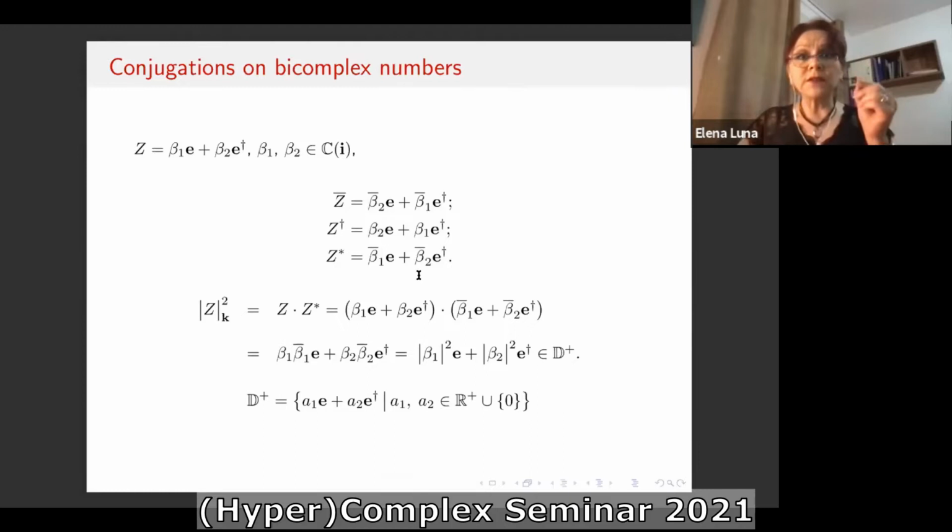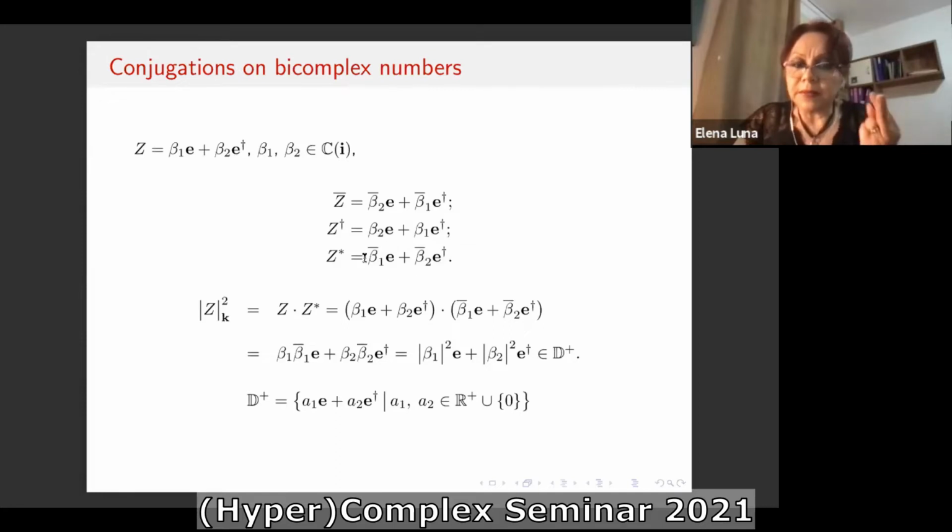So of course, the definition of the conjugation does not depend on how we write the bicomplex number. But when the bicomplex number is written in idempotent form, c star is written as you see here, beta 1 bar e plus beta 2 bar e dagger.